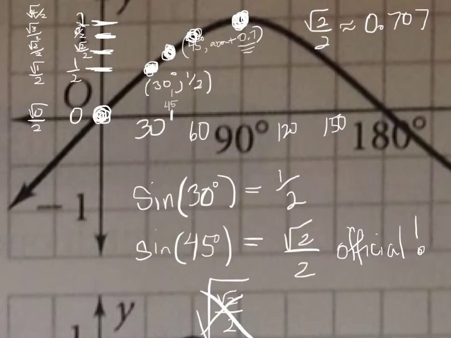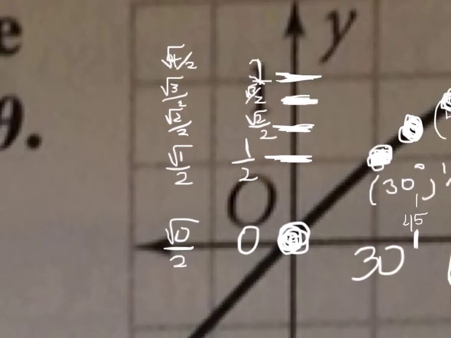So look at this. Let me erase that last one. I'm going to use for this last one, here, it's better if I just do root 4 over 2.